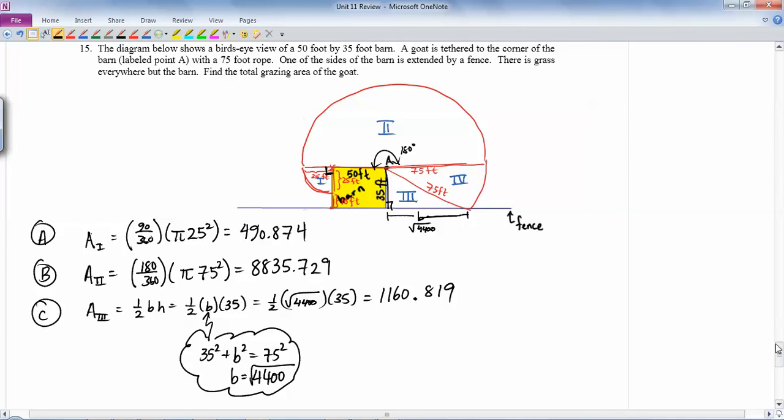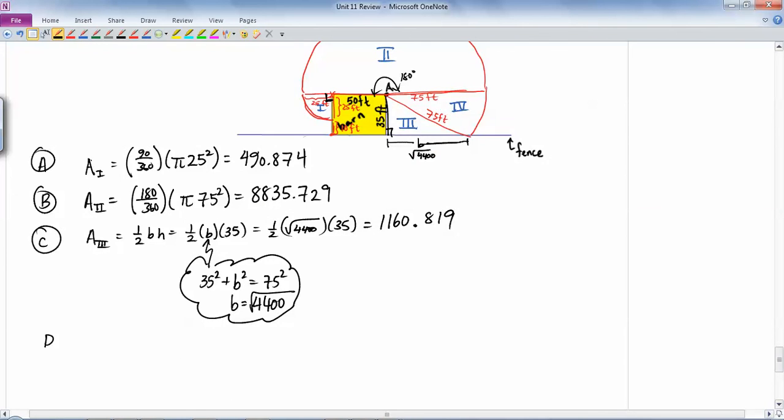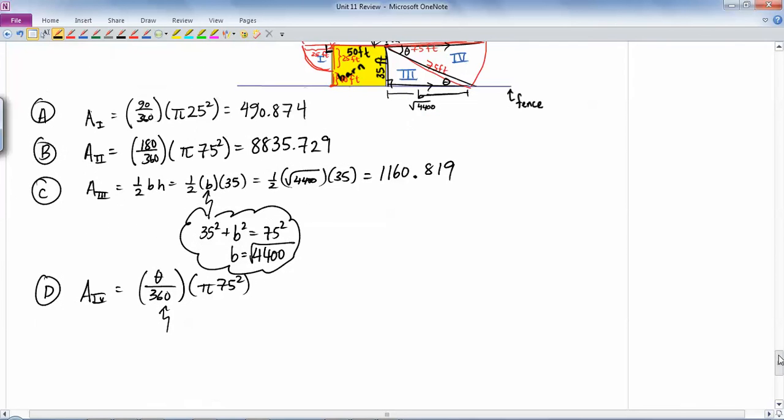Okay, and then region 4 is a sector. Well, region 4, I would need to know what this angle is. So it'd be a fraction of the area of a circle with radius 75. So I need the theta. Notice that's a Z shape with the top and the bottom parallel, so this is also theta. So I can use that right triangle to figure out what theta is.